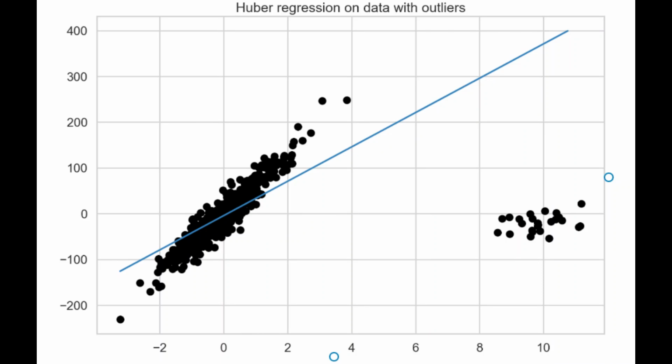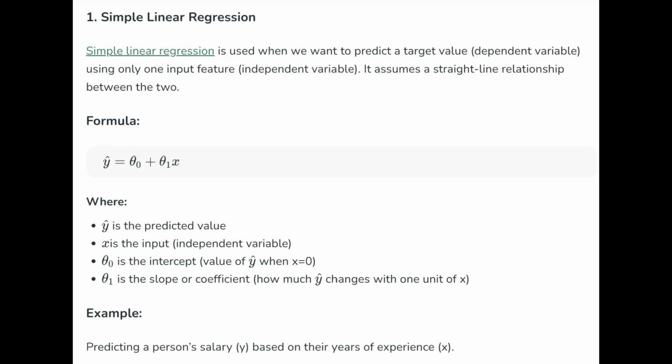There are two types of linear regression model. One is called the simple linear regression model, where the equation is y dash is equal to theta 0 plus theta 1 of x, or you can say y equals mx plus c, the same equation.